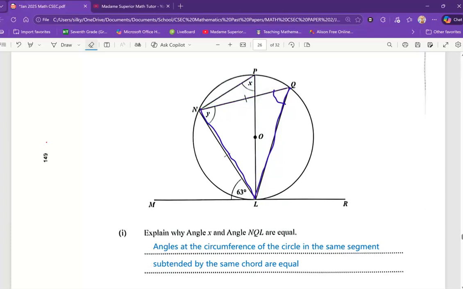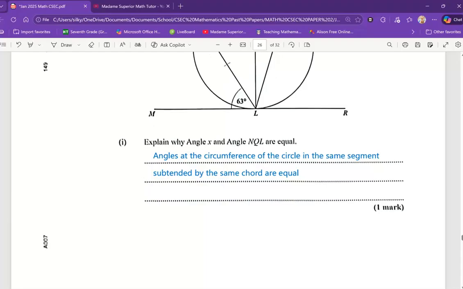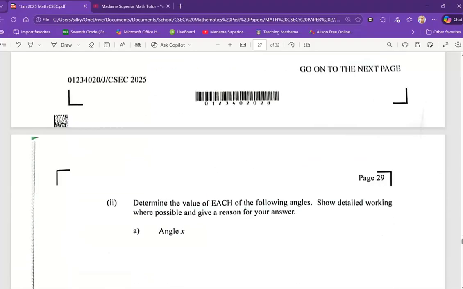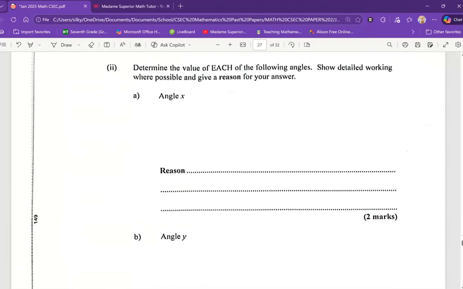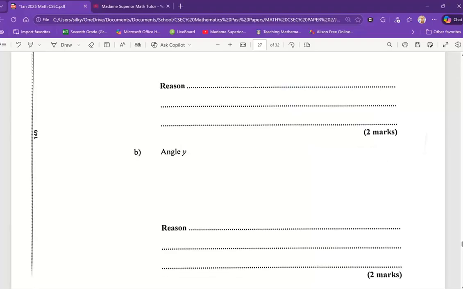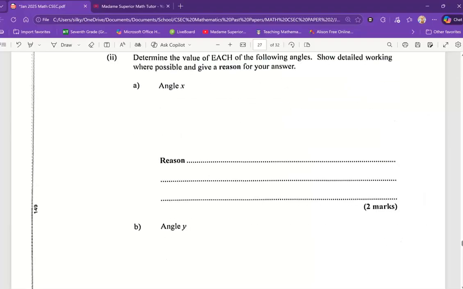So just going to erase these lines and let's go on to part 2 of the question. Part 2 says, determine the value of each of the following angles, show detailed working where possible, and give a reason for your answer. So we have to find angle X for 2 marks and also angle Y for 2 marks.